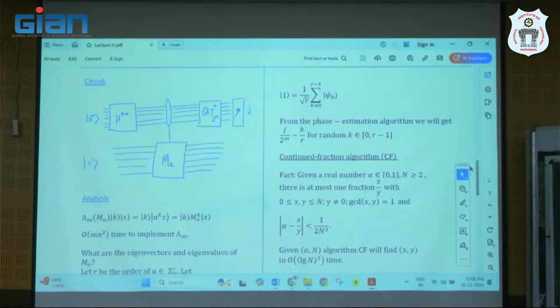In phase estimation we were inputting the eigenvector of U. Here we don't know what the eigenvectors are, or how to create them, because even to create those eigenvectors we need to know R, but the whole point is to find R. So what we feed in is ket 1, and we have this very nice and fortunate fact that ket 1 is actually the uniform superposition of all the eigenvectors psi k of MA.